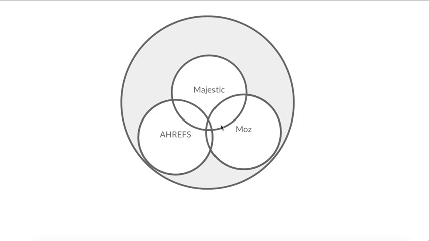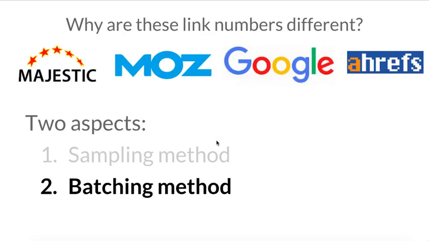There are just some pages that each of these crawlers find that are only in their index. Each crawler will have different counts and different indexes. So if you have links coming from outside of any of these three circles, the tool may not find them. It's just based on how each crawler is built. So that's something to think about.